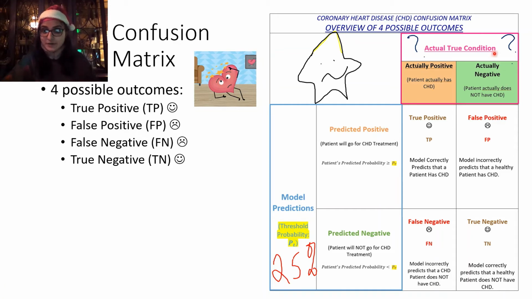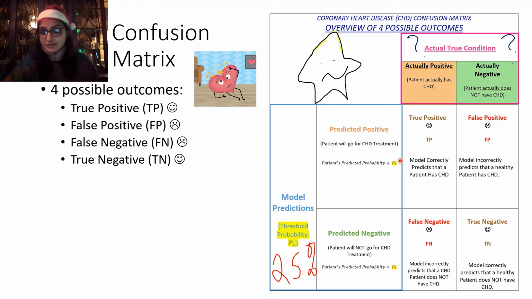Actually positive means that the patient sadly had coronary heart disease. Or they could be actually negative, healthy, and not have coronary heart disease, which would be the ideal.